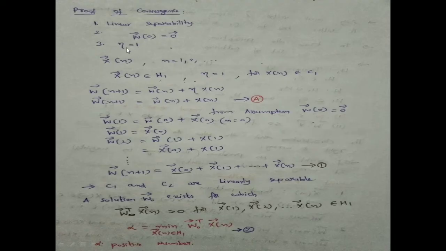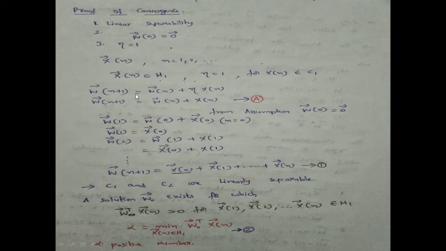Let us suppose now that we feed the patterns x of n, with n ranging from 1 up to N. Initially, let us say that the network does a misclassification. To start with, let us assume that the network misclassifies when n is equal to 1, that is x1, x2 and so on.